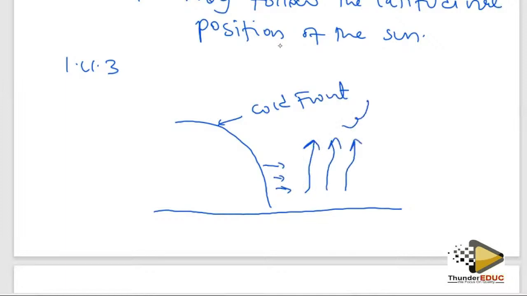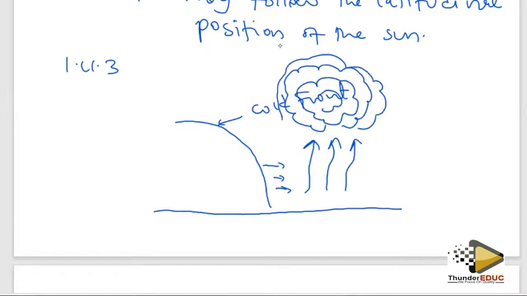When warm air rises, it's going to condense. And it condenses, the formation of cumulonimbus clouds that are going to result in heavy rainfalls, right?